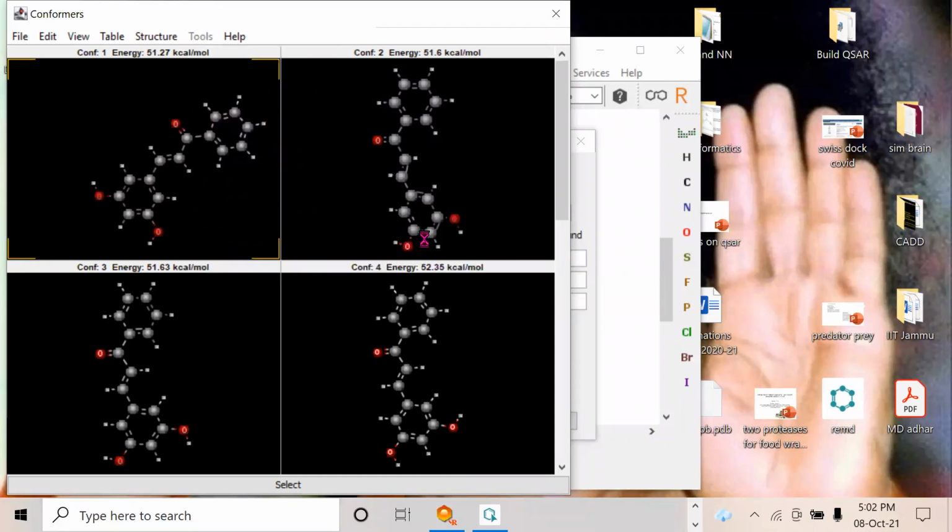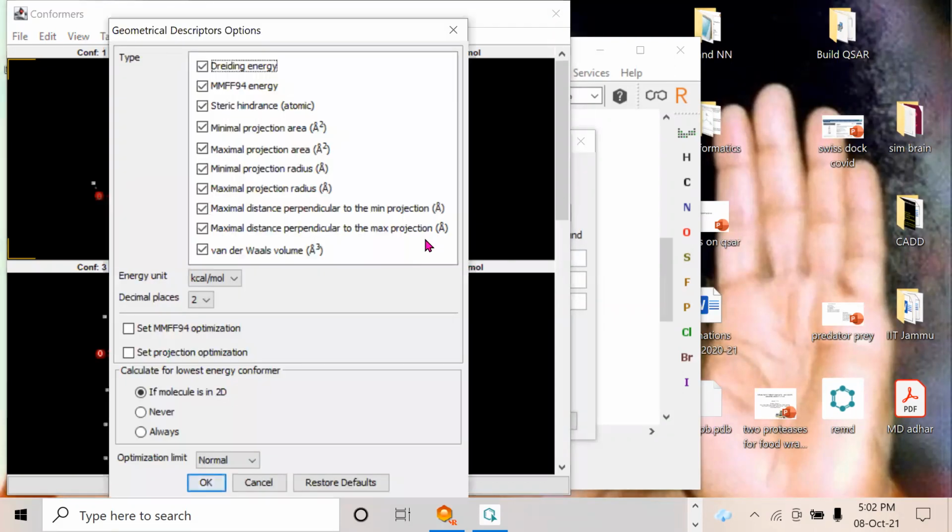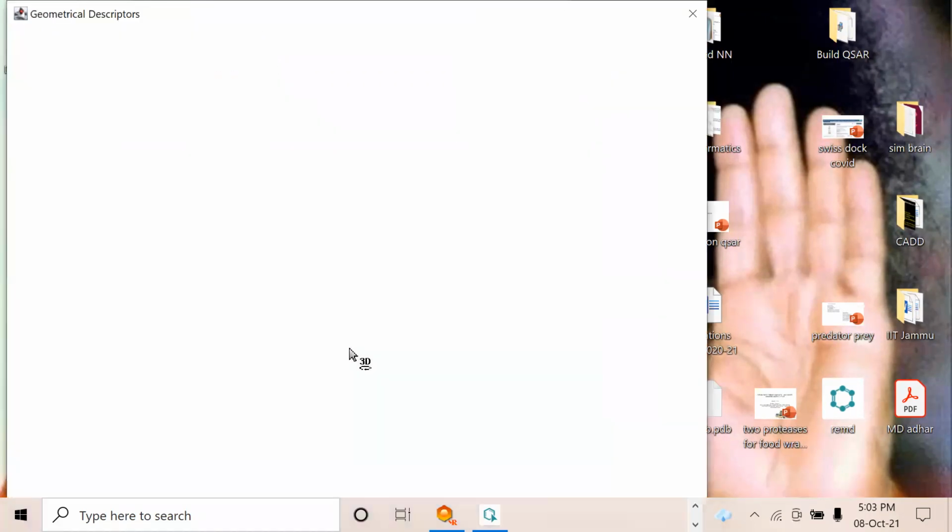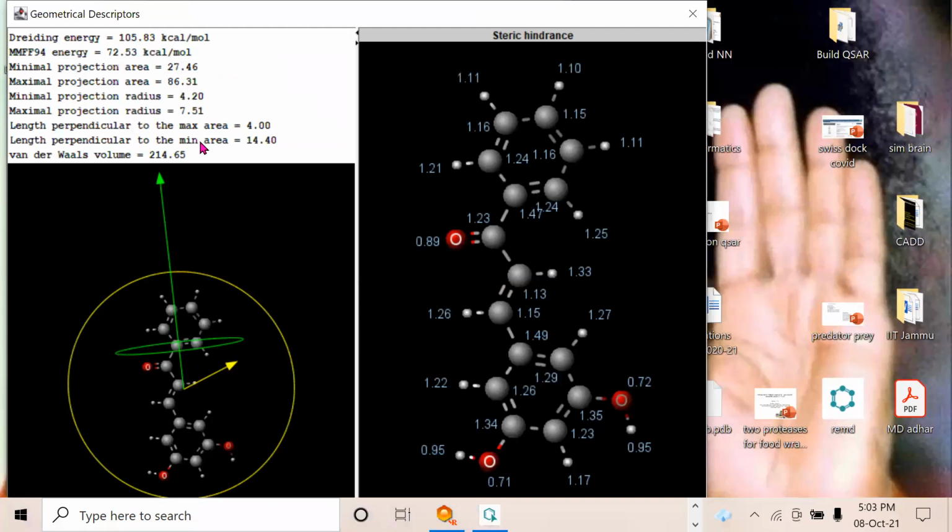geometrical descriptors. It can give all the other details. So also see, a lot of values it can give. Yeah, a lot of numbers.